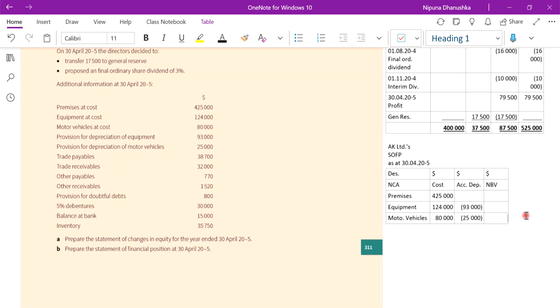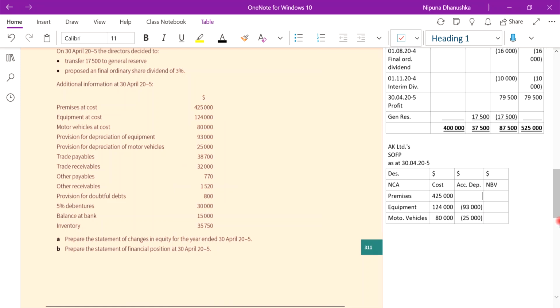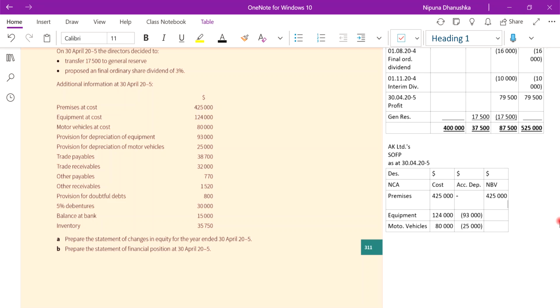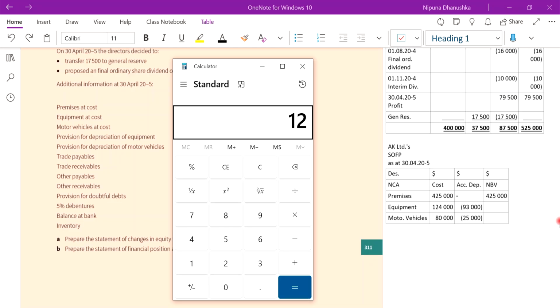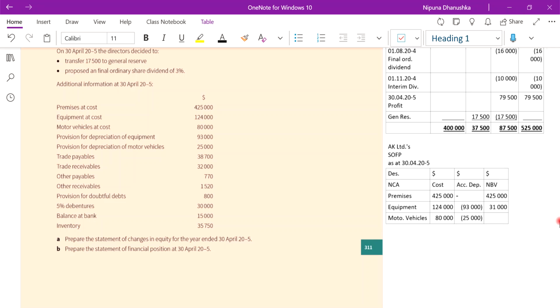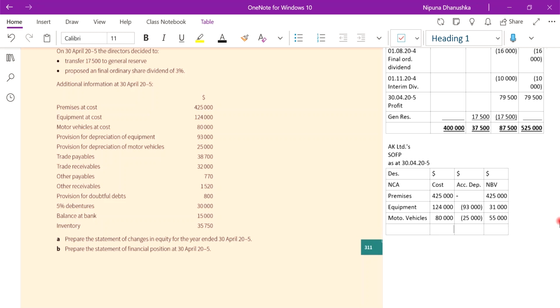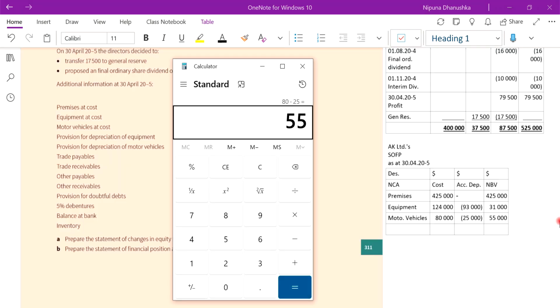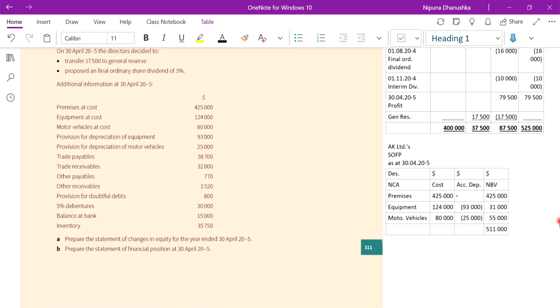Let's rely on our calculator. 124 minus 93, 31,000. 80 minus 25, 55,000. Then the total figure is 425 plus 31 plus 55, 511,000.